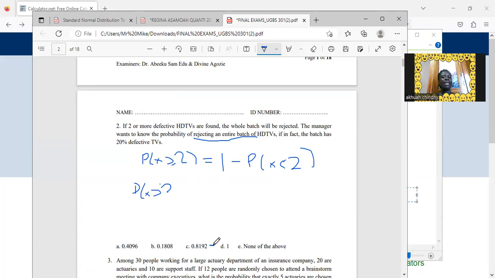But then we are not done, because we are looking for the probability of X being greater than or equal to 2, right? But then we found the probability of X being less than 2. So we have to subtract from 1.